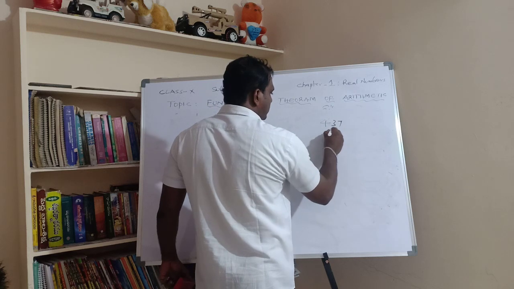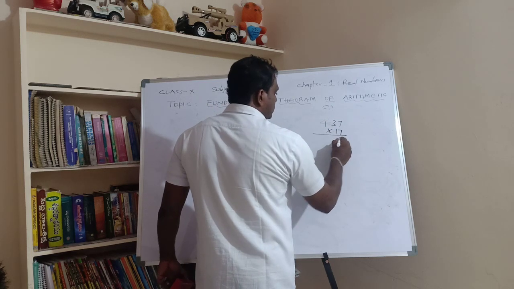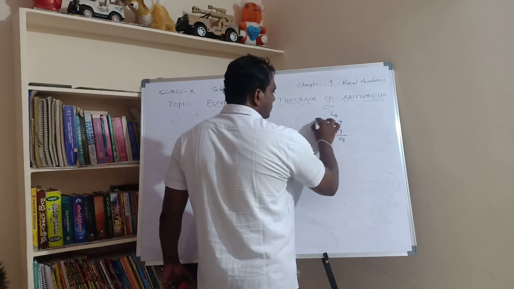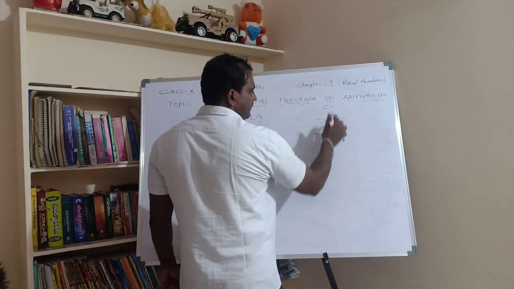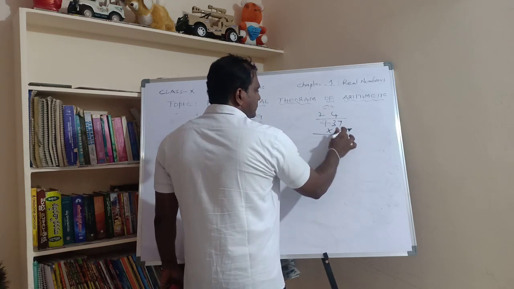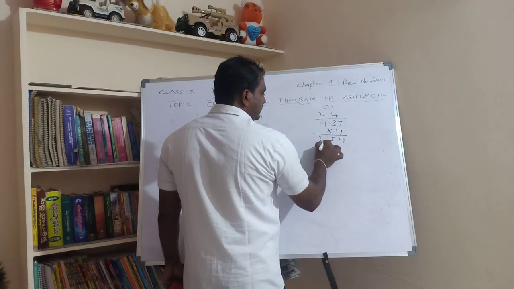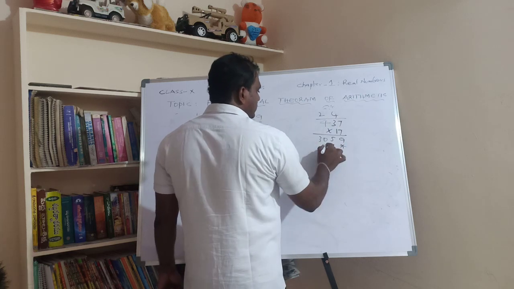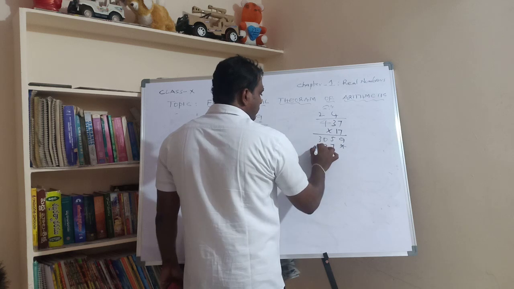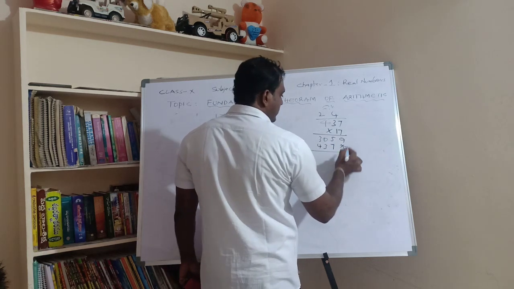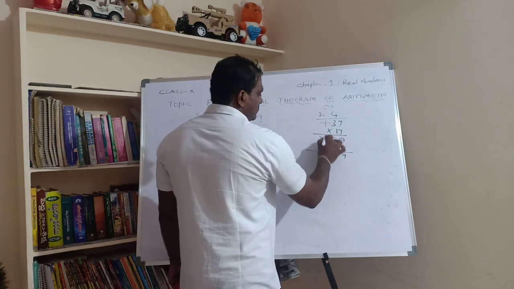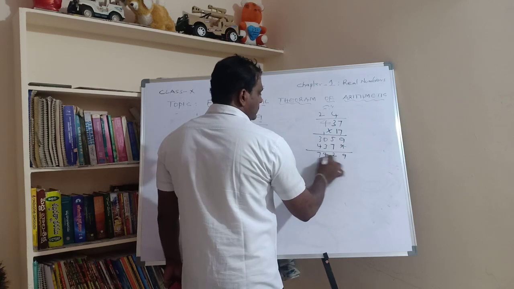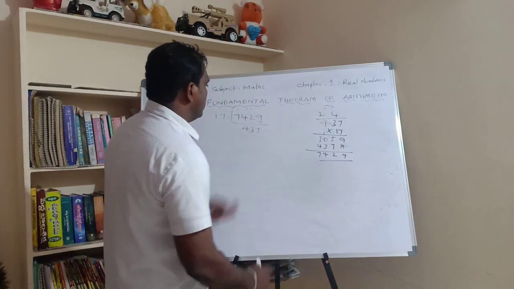Again confirm it. 437 into 17. 7 7s are 49. 7 3s are 21 plus 5, 25. 7 4s are 28, 29, 30. 1 7s are 7. 1 3s are 3. 1 4s are 4. How much it was? 9, 2, 4, 7. Okay, we got it.